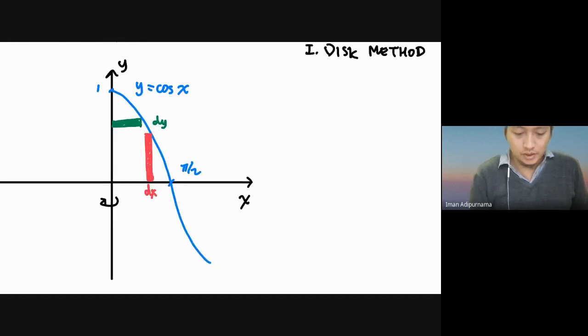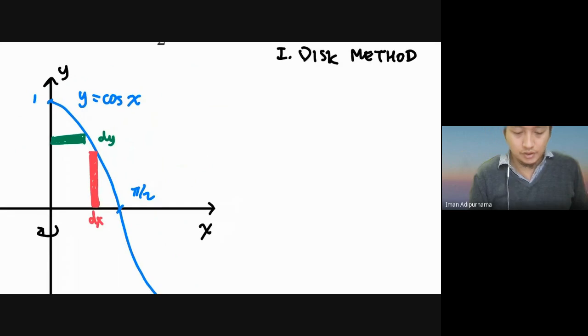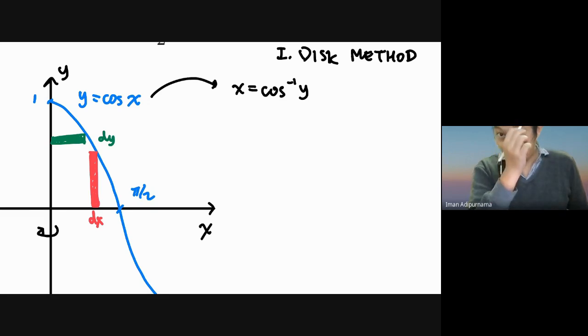If you look at the green rectangle dy, then the problem here is we need to take the functions in terms of y. So we need to change this cosine x to cos inverse y, right? Yeah, this is what we are going to do.